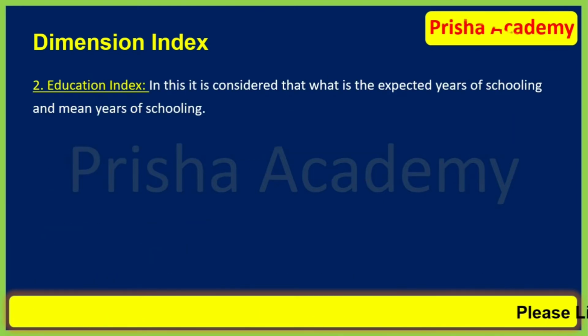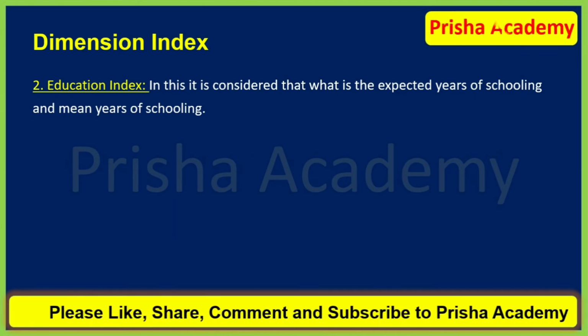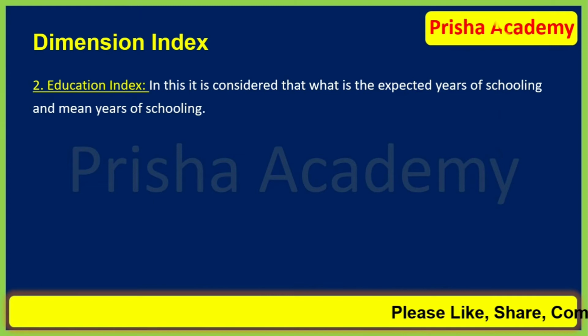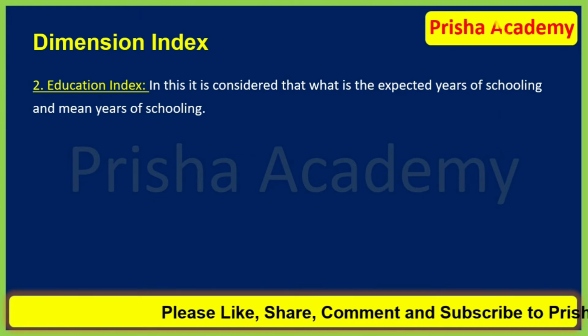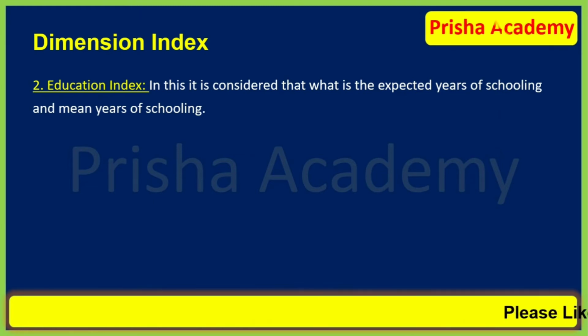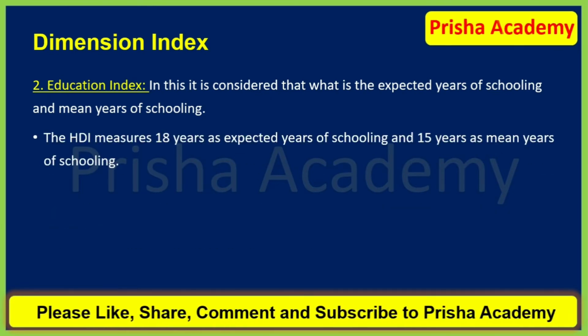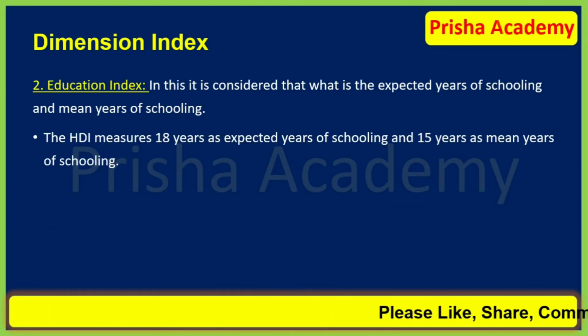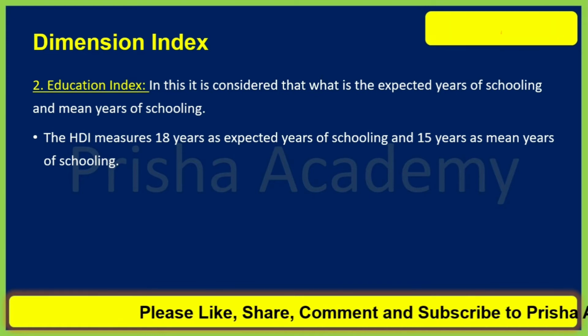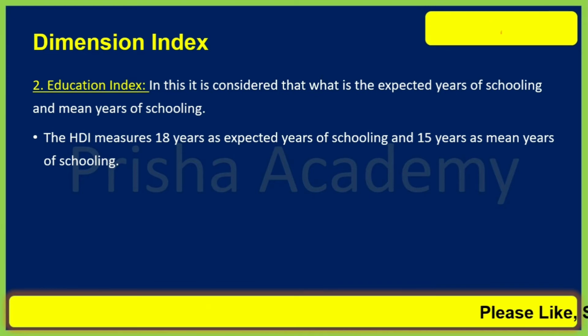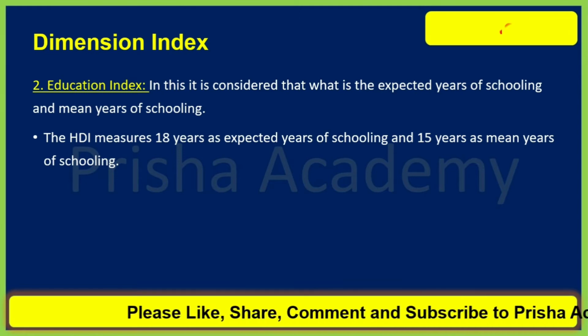Then the next index is the education index. In this, we consider the expected years of schooling and mean years of schooling. These two things are considered. The HDI takes 18 years as the expected years of schooling and 15 years as the mean years of schooling. Why? Because if you do your post graduation, the entire education will take you at least 18 years.